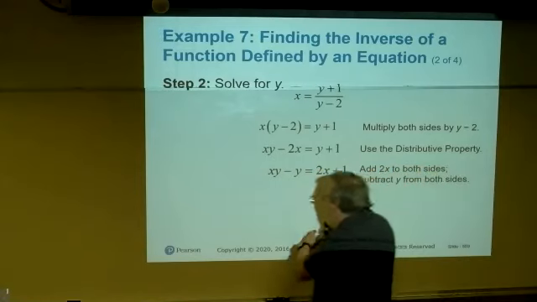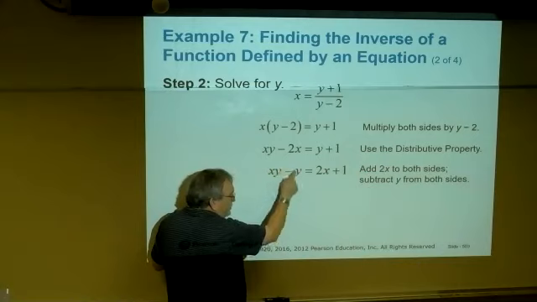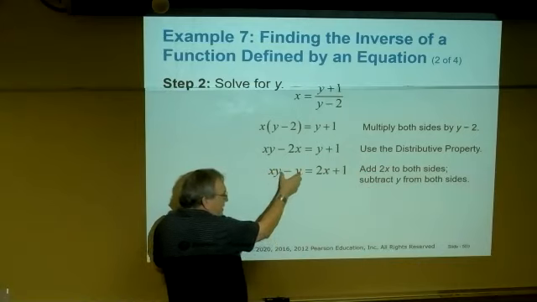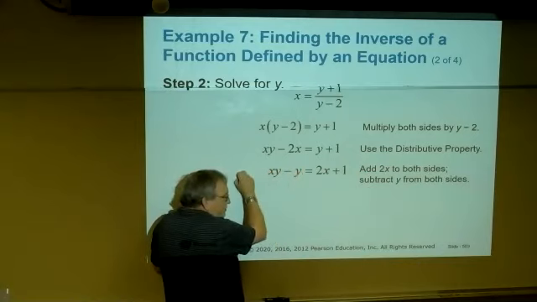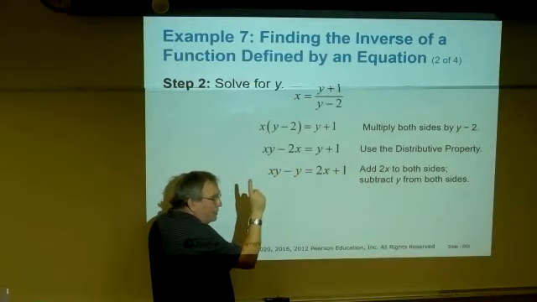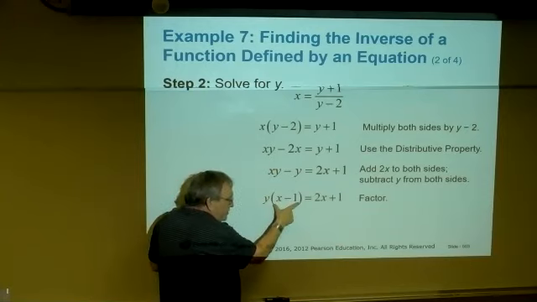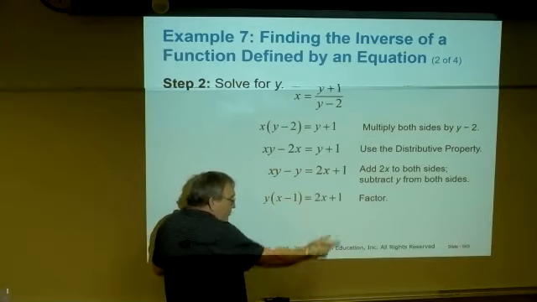Now here, I have y as a factor of both these two terms. So I'm going to factor y out. So I just have one y, right? Now I have y times an expression. Well, if I divide both sides by this expression, then I'll have y equals.